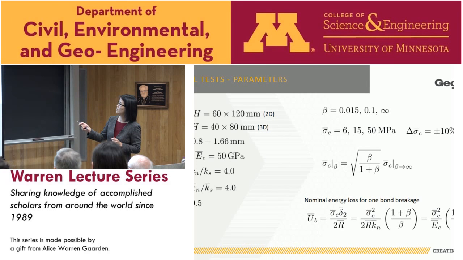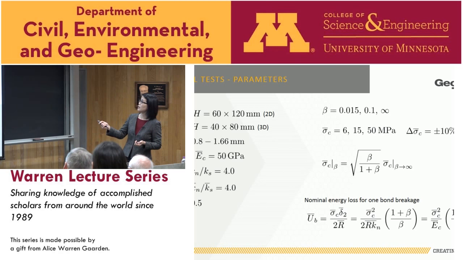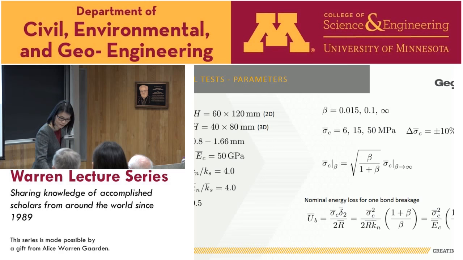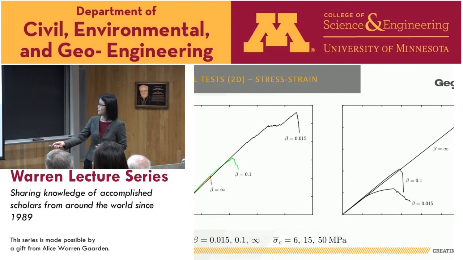A very small softening coefficient, which you can think of as nearly elasto-perfect plastic, a moderate one, and infinity. Infinity is, again, the baseline of elasto-perfect brittle material. So again, the bond strength is changing with these 3 softening coefficients. As it increases, the bond strength decreases.